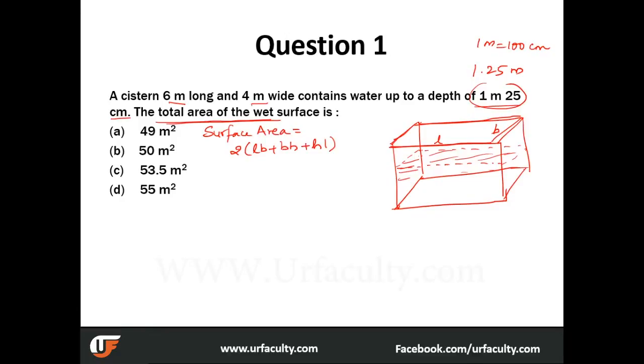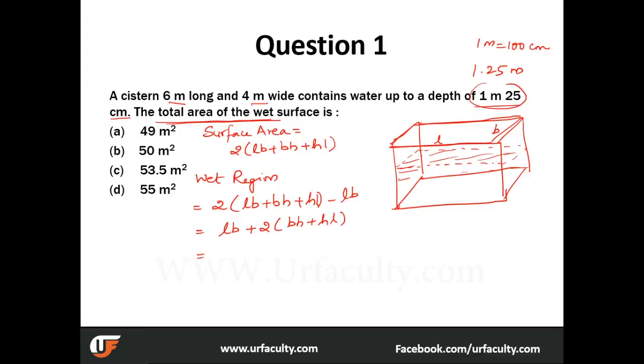So the wet region is equal to 2 into (LB plus BH plus HL) minus LB. If you subtract, you will have LB plus 2 into (BH plus HL). So what is LB now?